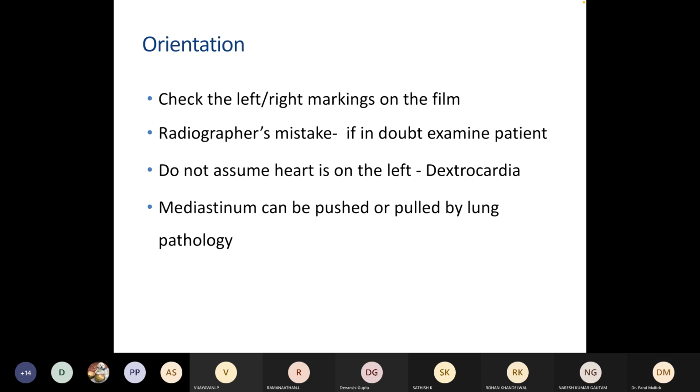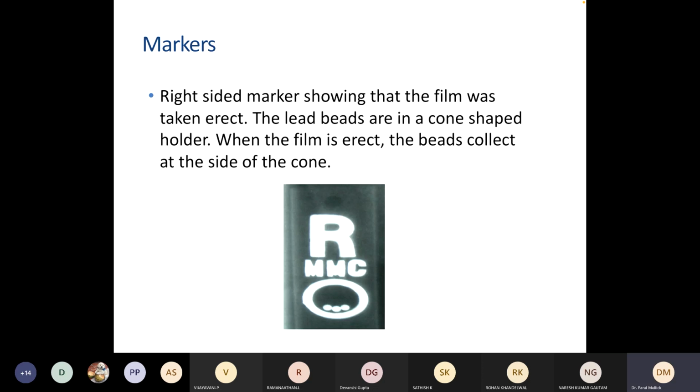Okay. Now, among the markers, this is a very interesting marker. If you just see this, it looks like a ring, and inside it there are these beads, red beads. So what is this? These are markers that will even help you know the position, like whether the patient is lying down or standing.